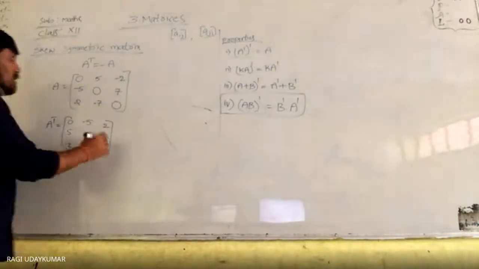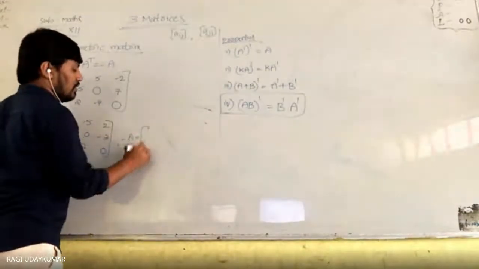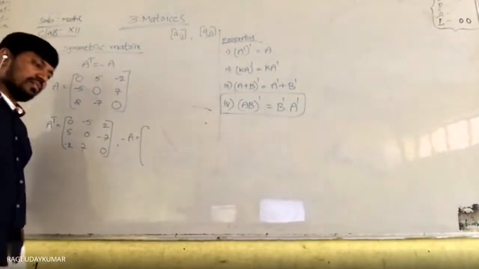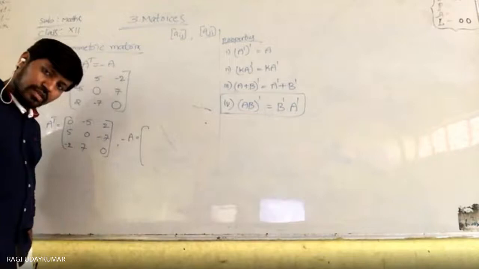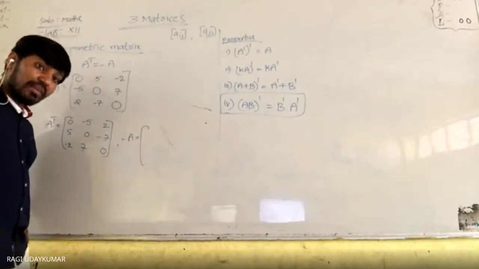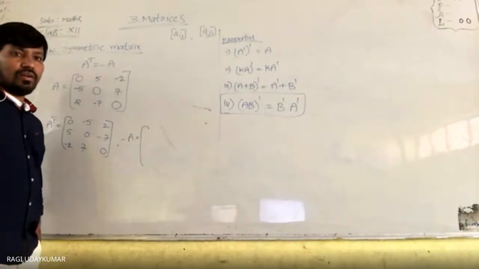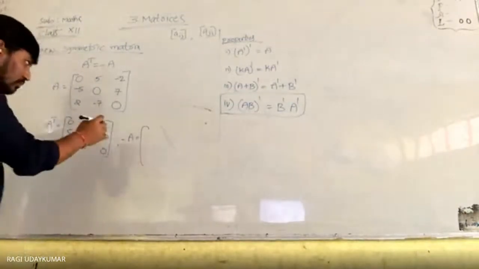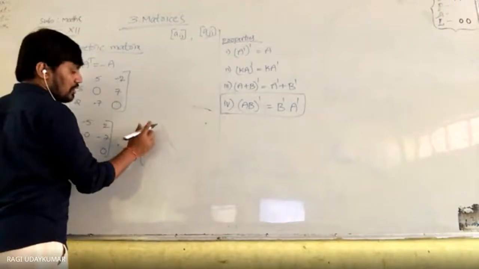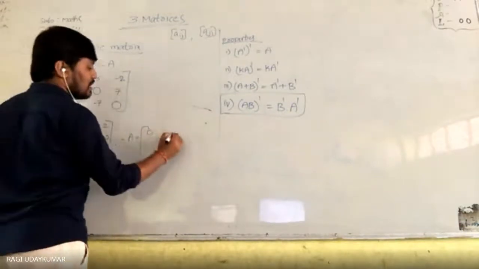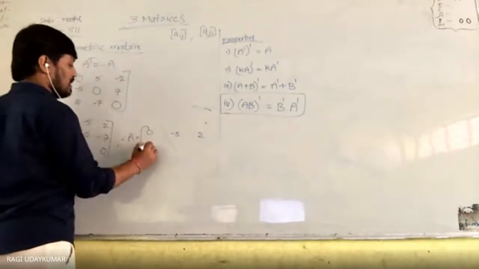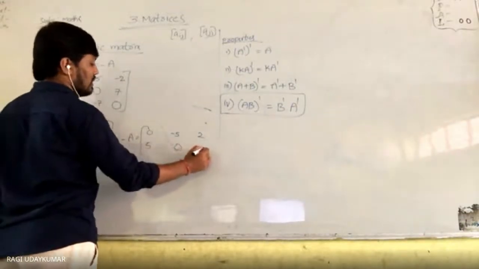And what do you get for minus A? Multiply the whole matrix by minus; multiplying by minus is nothing but multiplying with minus 1. So if you multiply 0, you get 0 only, and this one by minus gives minus 5, this one by minus gives minus 2, and this one minus 5, 0, minus 7.